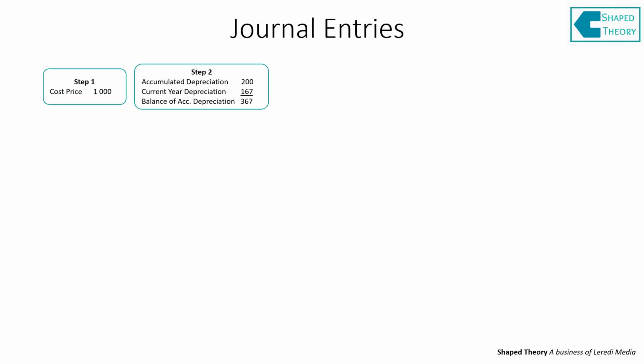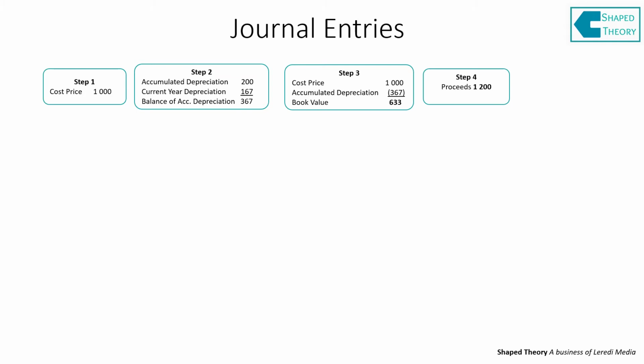Let's look at how one would prepare journal entries for all the above steps that we have covered. Before we go to journal entries, let's recap all the steps we had in the previous video and the amounts we had thereof. In step 1, we had a cost price of 1,000. In step 2, we calculated the total accumulated depreciation to be 367. In step 3, we calculated the book value or the carrying amount to be 633.